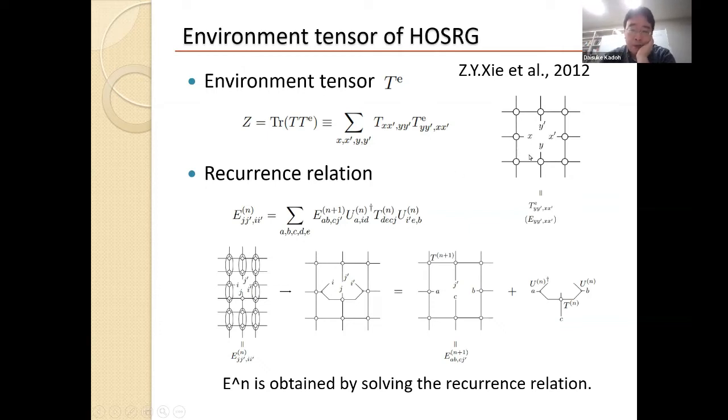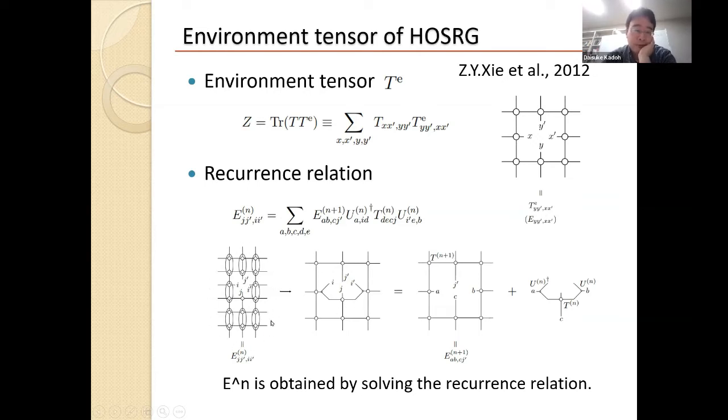And it also contains many rank 4 tensors and many tensor contractions. But it's possible to evaluate it approximately using tensor renormalization. And this figure shows a tensor renormalization of the environmental tensor.